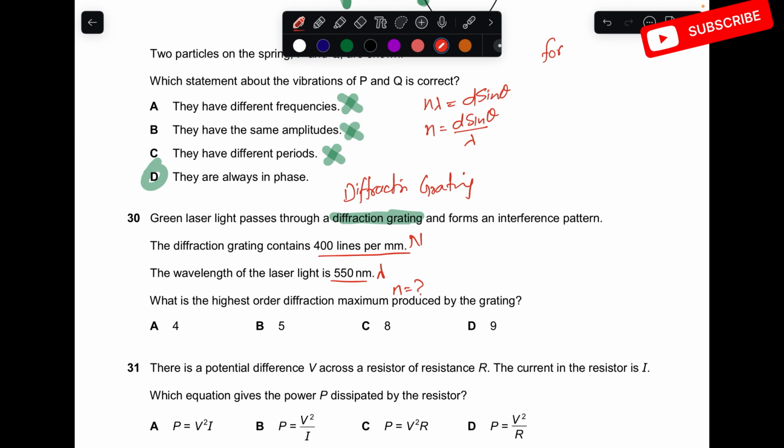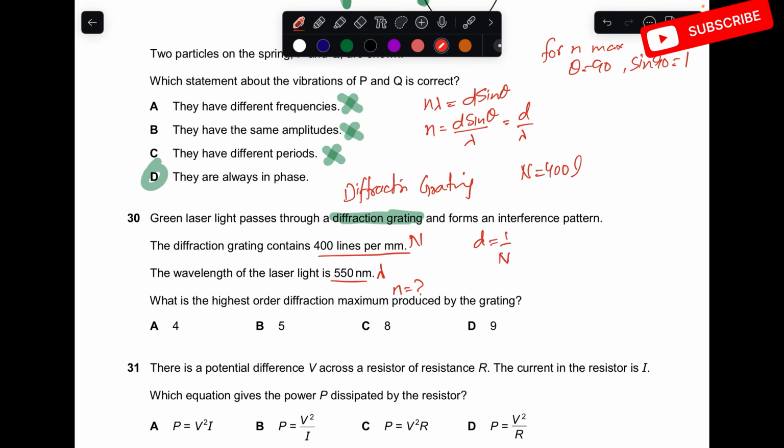For n maximum, theta should be 90, so sine 90 is 1. So this will be d by lambda. Lambda I already have, I need d. So d, we know d is basically equal to 1 over n.